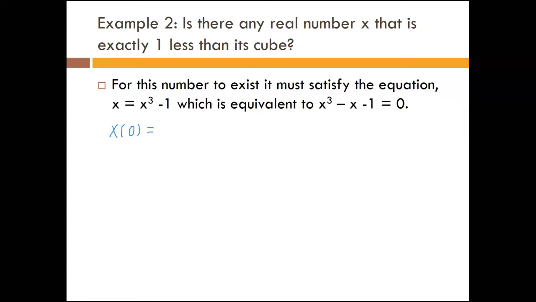So x of 0 is negative 1. X of 1 is 1 cubed minus 1. Well, what's 1 minus 1? So you get 0. 0 minus 1 is negative 1. So that didn't help. I haven't really moved anywhere.